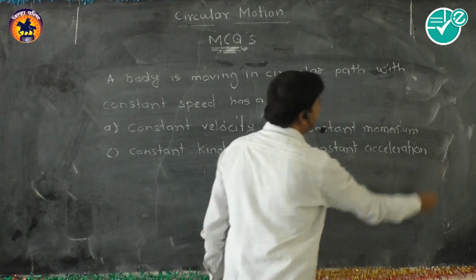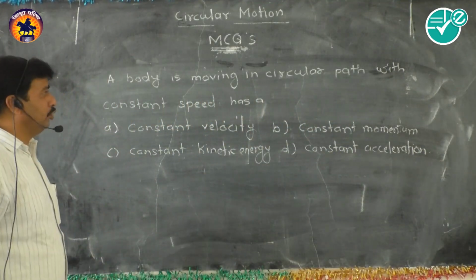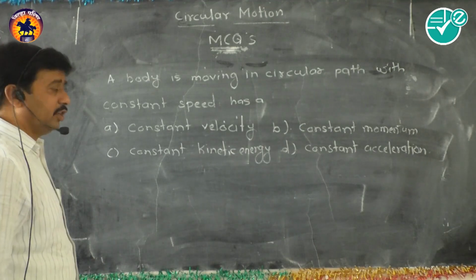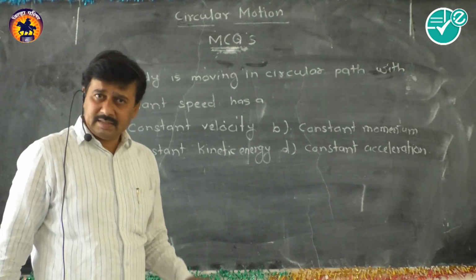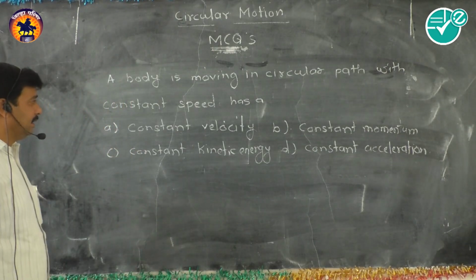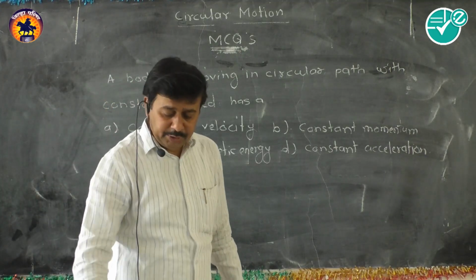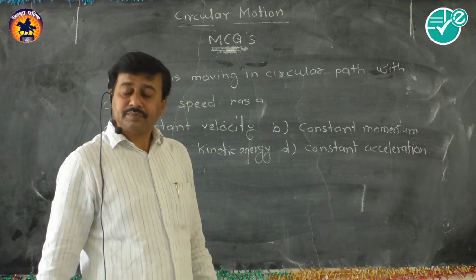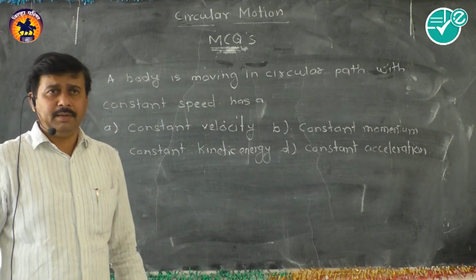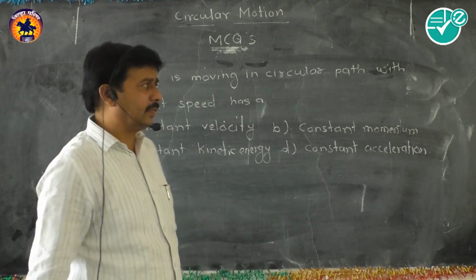Here, it is again a tricky question. A body is moving in a circular path with a constant speed. This is an example of uniform circular motion. In uniform circular motion, the magnitude of the velocity is not changing, but the direction is changing from time to time.